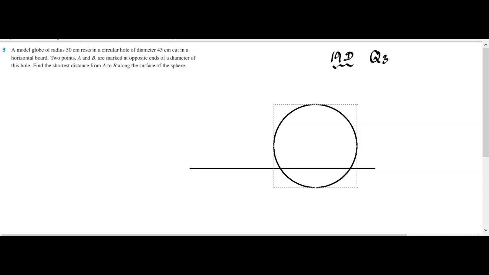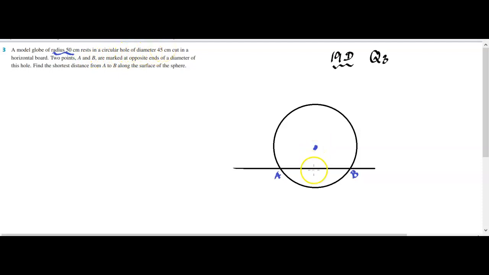So the diagram is very important in this case. I'll label some of the information given. This is the center of the globe, and they say this is A and this is B. The radius is 50, resting in a circular hole of diameter 45.